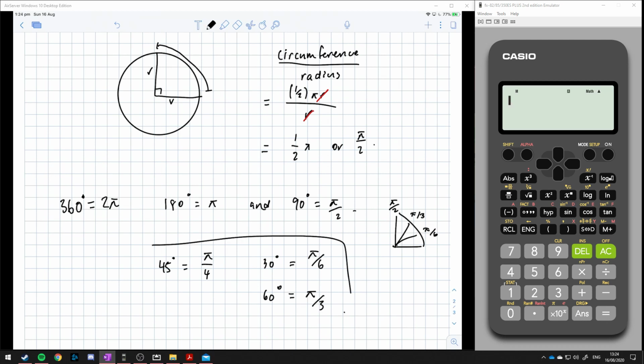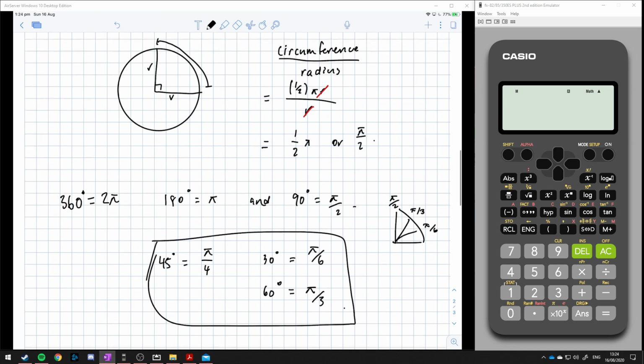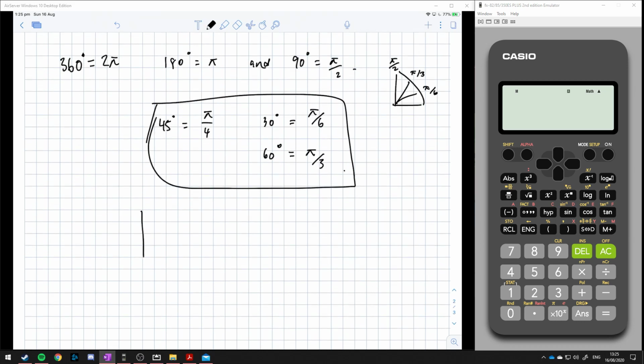Now these 3 are very useful for when we do exact values in radians, because you will need to know those ones, because remember our exact triangles, such as our 1, 2, root 3 triangle, okay? So that's 30 degrees, wrong way around. That's 60 degrees, and that's 30 degrees.